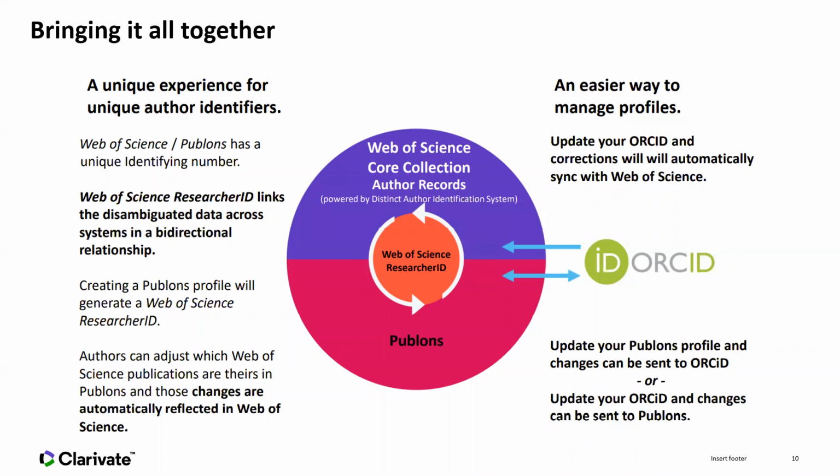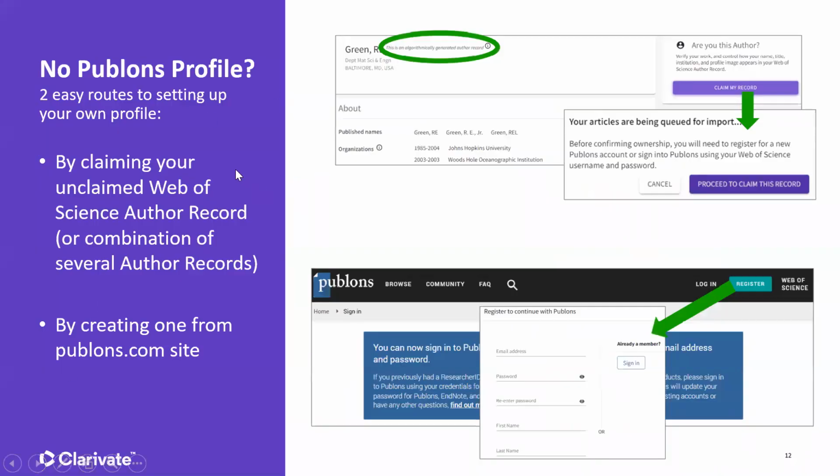So it is really important. It's something that we are trying to drive, and we just want everyone to be on top of things and ensure that they do register themselves on Publons, because obviously it makes the discovery within the Web of Science so much easier and more accurate.